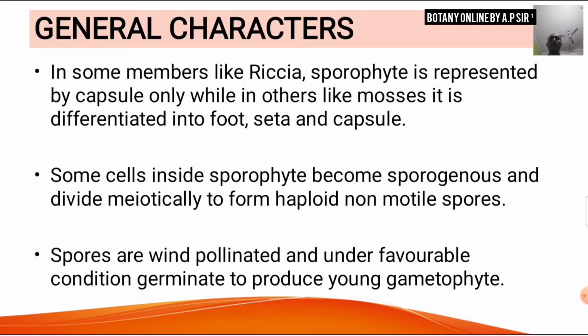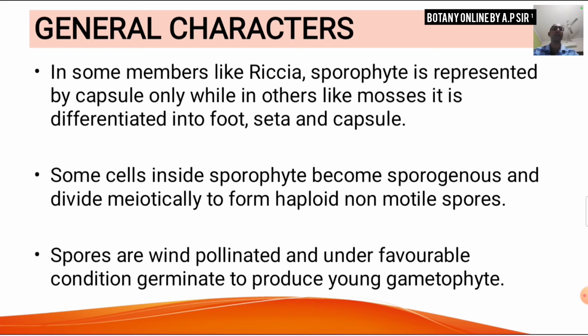So in members like Riccia, sporophyte is represented by capsule only, whereas in case of mosses it is differentiated into foot, seta and capsule. Now some of the cells inside the capsule of the sporophyte become sporogenous and they divide meiotically.